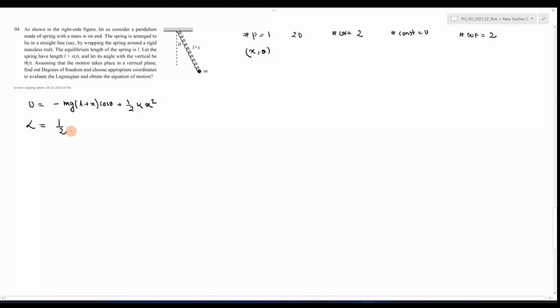Once you are done with this, then L. How to write L? Half m, and this is a combination of the coordinates x and theta: x dot square plus y dot square, minus U. Now your y is equal to this coordinate. Suppose this is x.